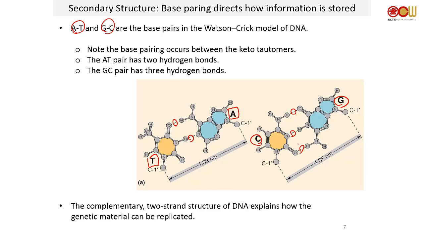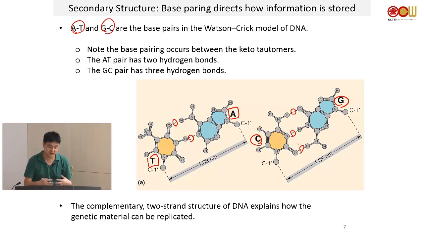Now, remember I said you don't have to memorize the actual structure of the DNA bases, but I did want you to remember the characteristics of the nucleotide bases. That is, they have hydrogen donors and hydrogen acceptors.